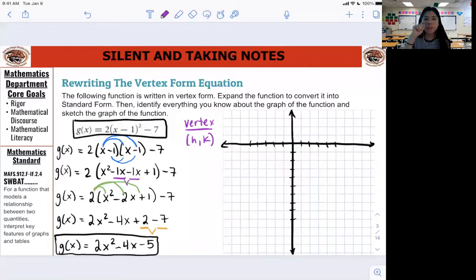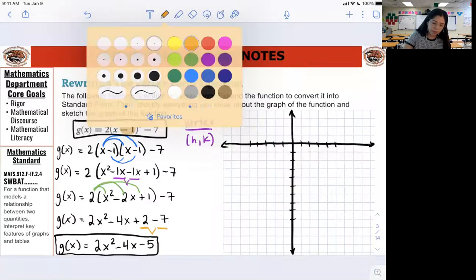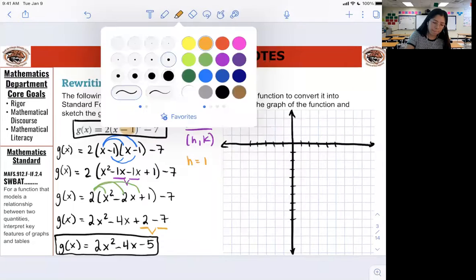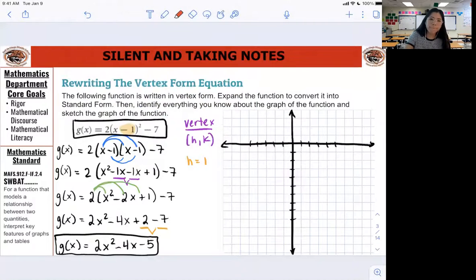So looking at my vertex form equation, which of those is my h? Okay, so -1, but what do I need to do to that number? We've got to flip it. So -1 becomes +1. So h is +1, and what is k? -7.